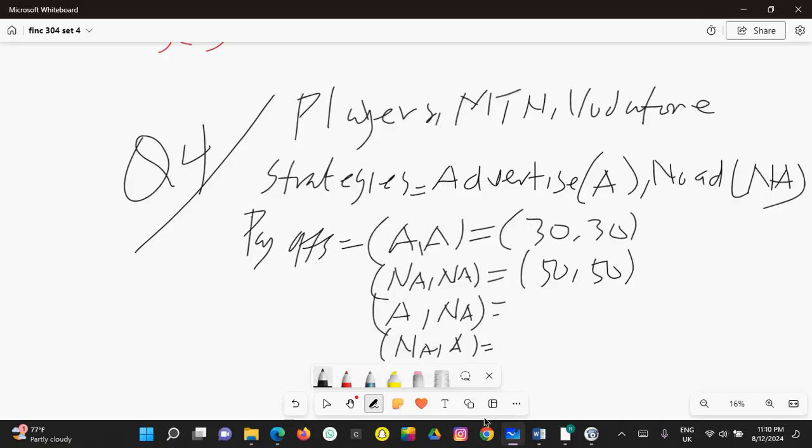And if one firm advertises, that firm will get 60. The other one will get 20. The vice versa here: 20, 60.